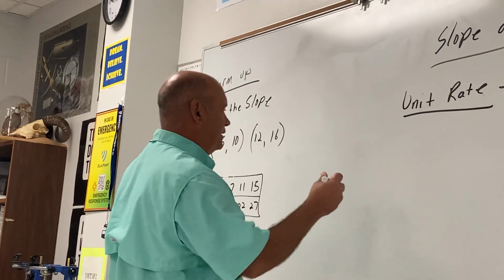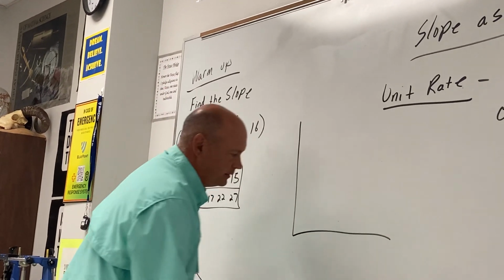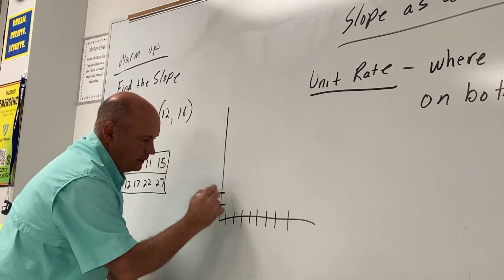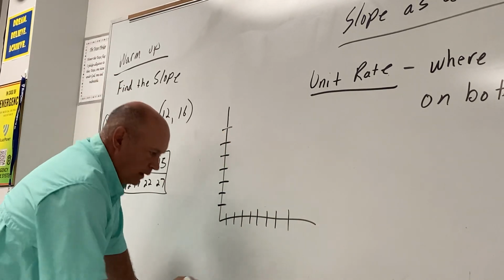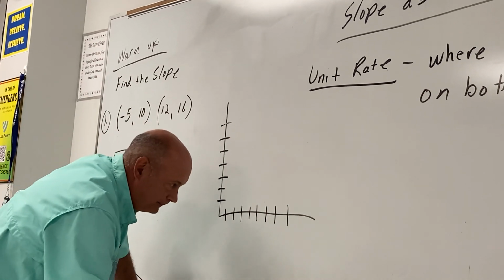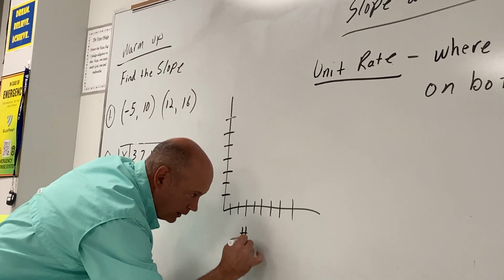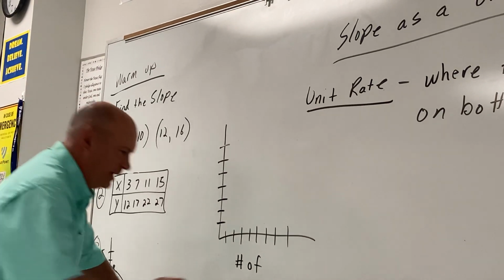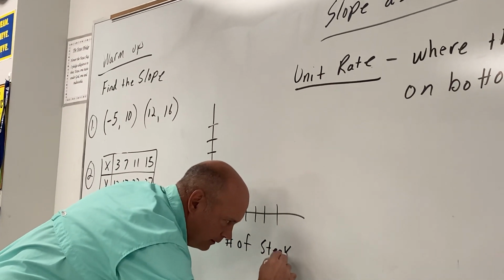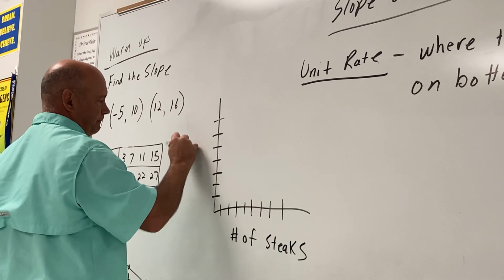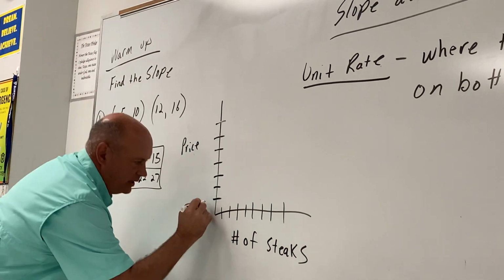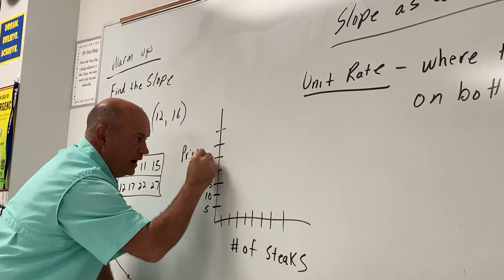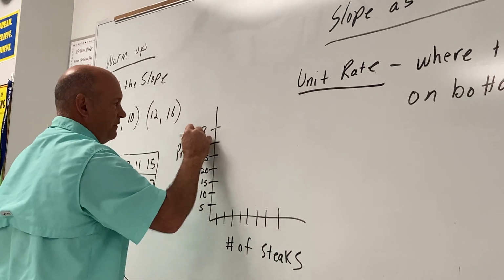All right, so let's look at a graph. I'll try to draw it as best I can. All right, down here, let's put number of, what do y'all want to buy? Steaks. Too late. I already thought about it. And let's go price over here. And I'm going to change this to $5, $10, $15, $20, $25, $30, $35.